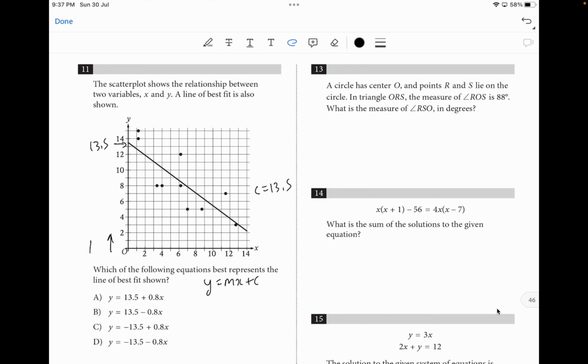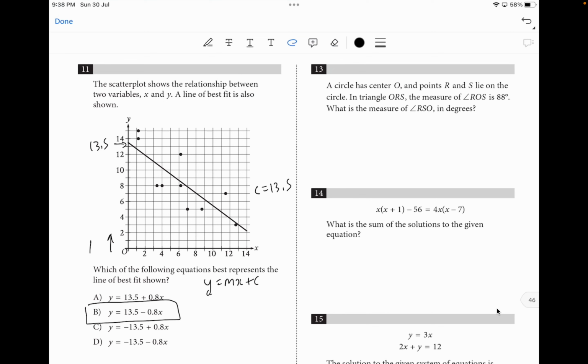It's actually easy to identify the gradient, because the gradient for choice A is positive, and the gradient for choice B is negative. So we're going to be choosing choice B because the gradient is negative, as the line is showing downward. It's a downward line. So that's how we know the gradient is going to be negative. So choice B is going to be your correct answer for question number 11.